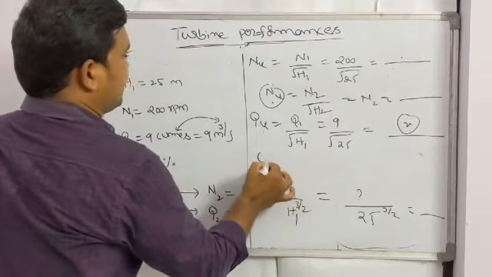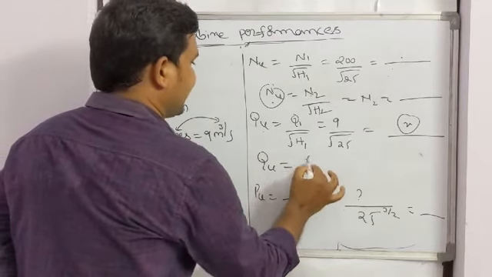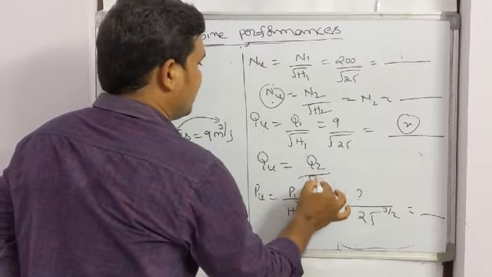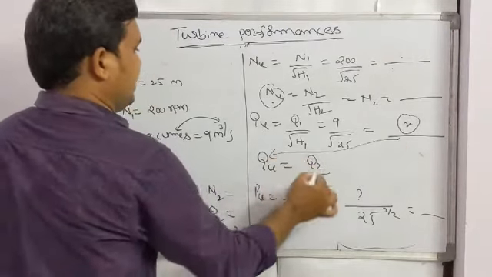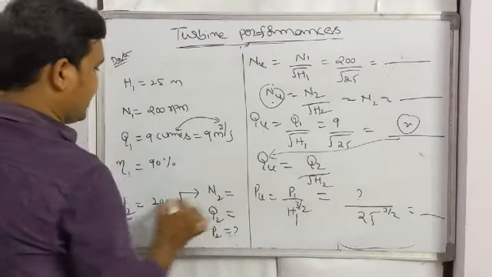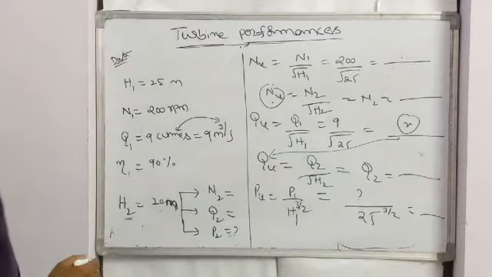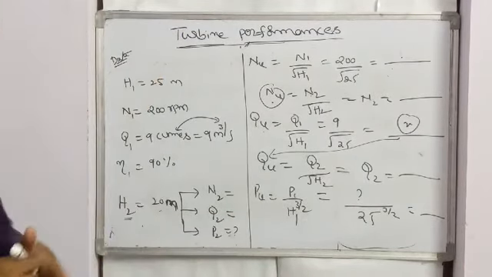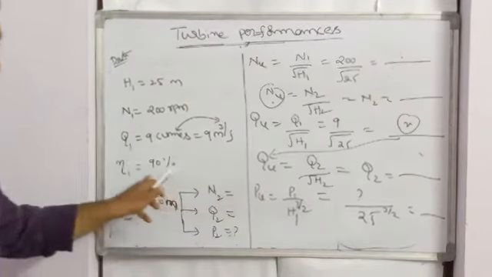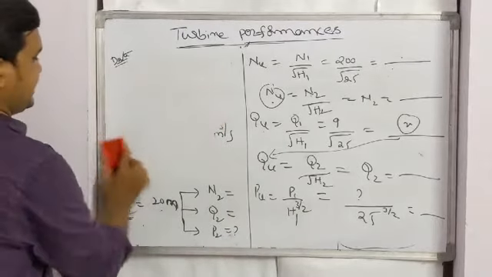After getting X value, again it equals the second case Q2 by root over H2, where H2 is 20 meter, then we may calculate Q2. For calculating the PU, we don't know the P. So first we should find out the power available in the first case. So how can we find out the power available in the first case?